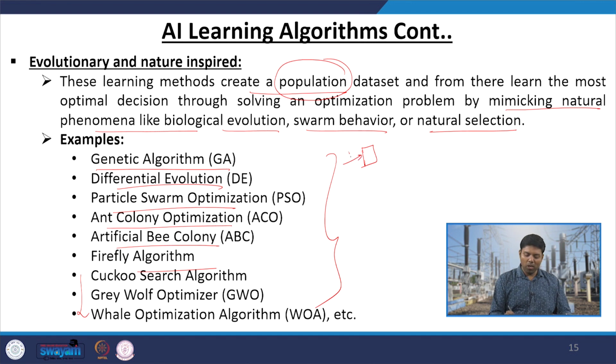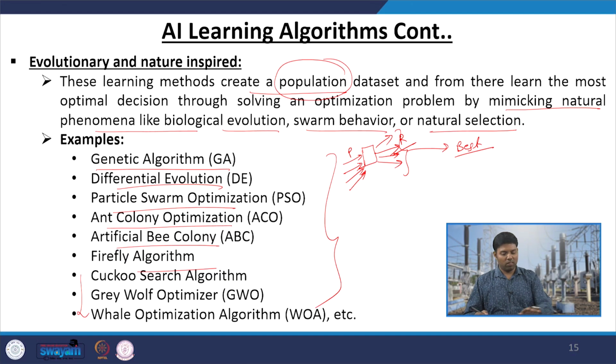You give a population, get the response out of it and see whether this response is feasible or not. Feed so many probable solutions, those are your population values, get the response from all of them and decide which is giving you the best, and then this is your learning process.